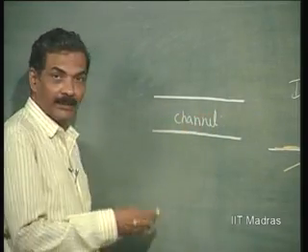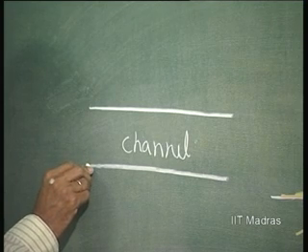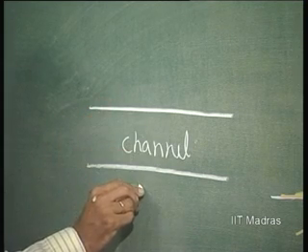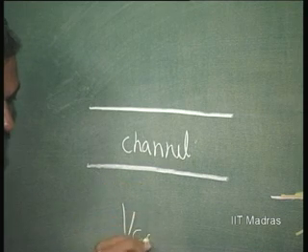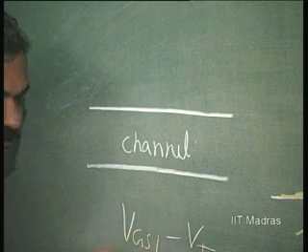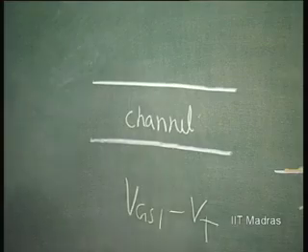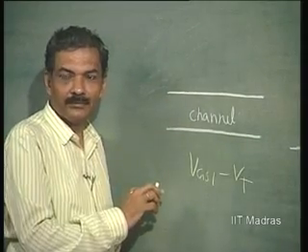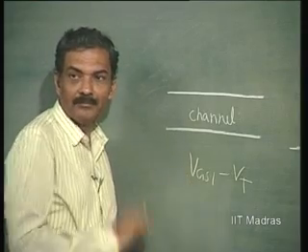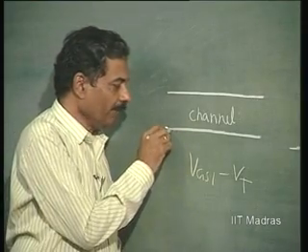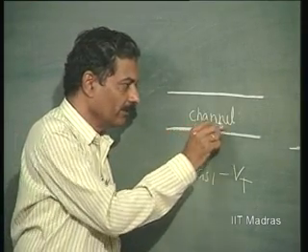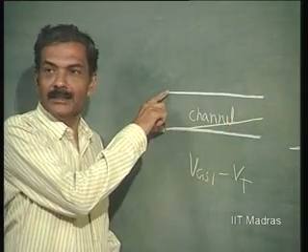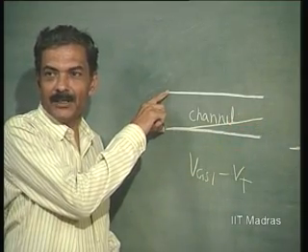As I apply higher and higher, this is for a certain value of VGS minus VT, let us say VGS1 minus VT, we will call it. This is the channel width. This width depends upon this value. Now, as I apply more and more value of VDS, this remains the same, nothing has changed here.